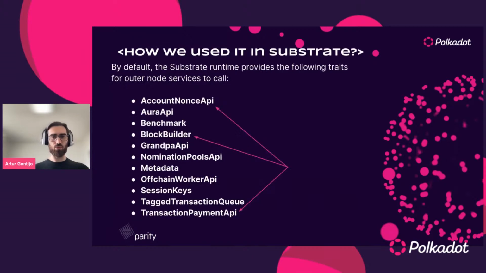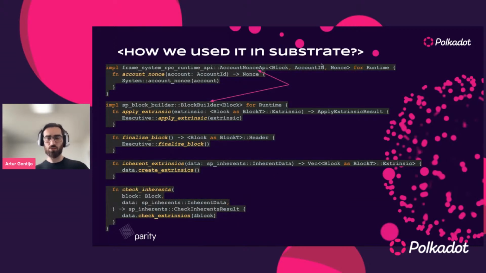And by default, the Substrate node template implements all these traits for the runtime. We decided to select these three as examples: the account nonce API, the block builder, and also the transaction payment API. So we pasted them here. Let's go to read.